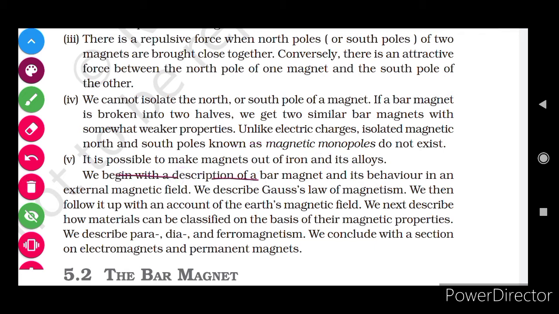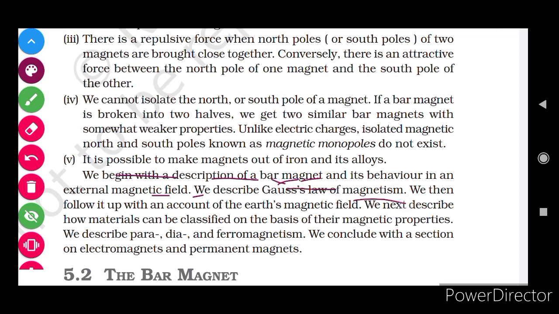We begin with a description of a bar magnet and its behavior in an external magnetic field. It is similar to how we studied a dipole in an electric field. If you understand that, it will be very helpful, and you will be able to relate all those things here.